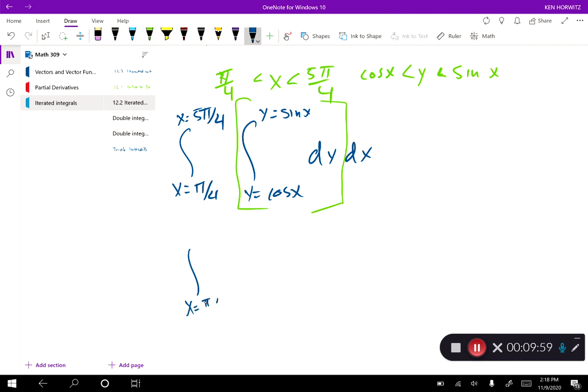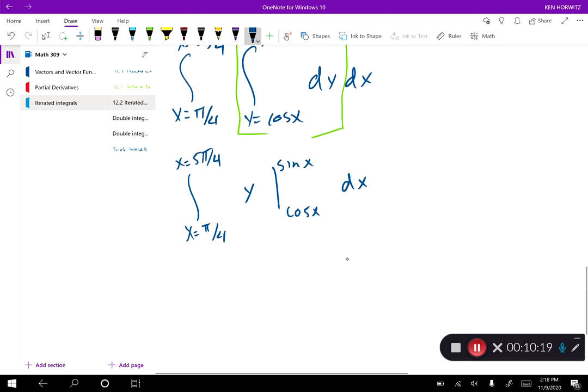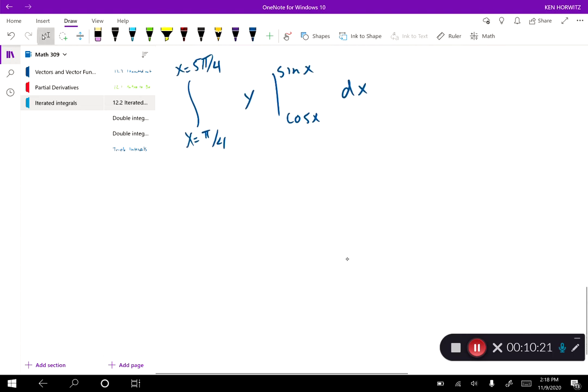X equals pi over 4, x equals 5 pi over 4. And when we integrate, we get y, cosine x to sine x. And then my dx is out here waiting for later. So why don't you pause the video right now, input your upper and lower bound, and then let's set up for our second integral.